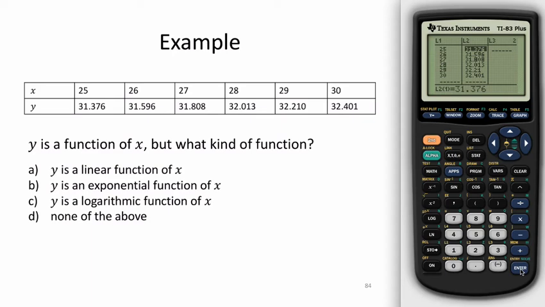In the stat editor, you can see I've already got the data inputs, the x values in L1, the y values, the outputs, in L2. I've checked and double checked my data entry, it's correct. So now I'm going to go to y equals, plot 1 is turned on, so let's hit zoom, stat, and we see from the scatter plot, well, I'm not sure what we're looking at there.